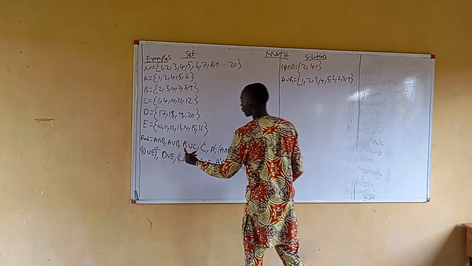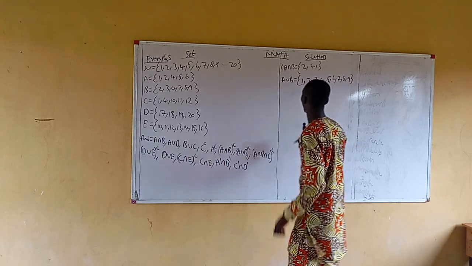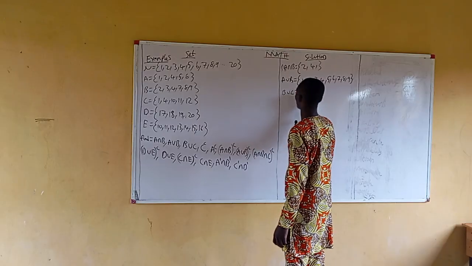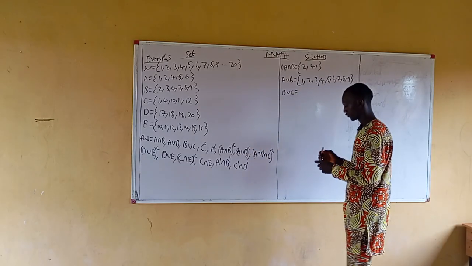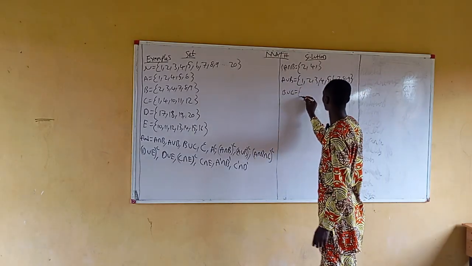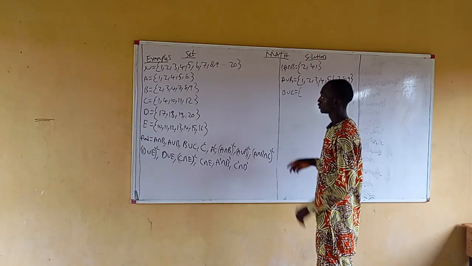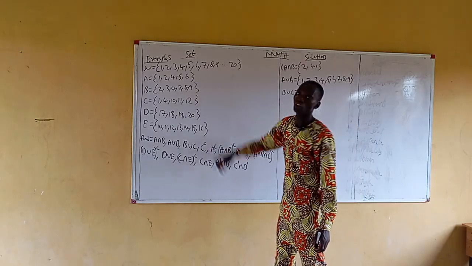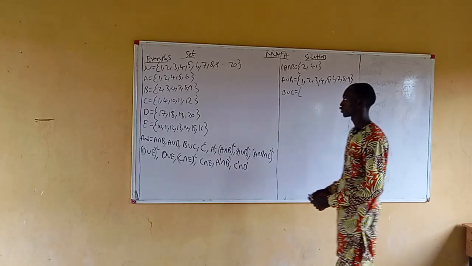Then coming here, we have B union C. Hope you can see the board very well. Now, talk about B union C. Look at B. Look at C. Union, combining them together without repetition.